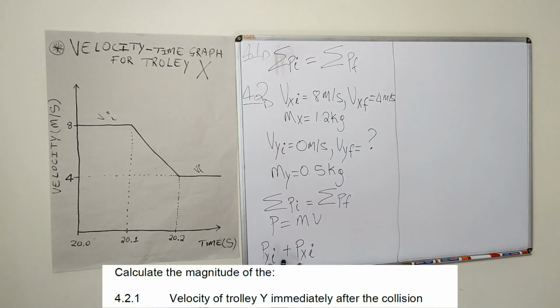This is the initial momentum of trolley Y, and this is the initial momentum of trolley X. So this is the initial part, and this should be equal to the momentum of trolley Y final plus the momentum of trolley X final.